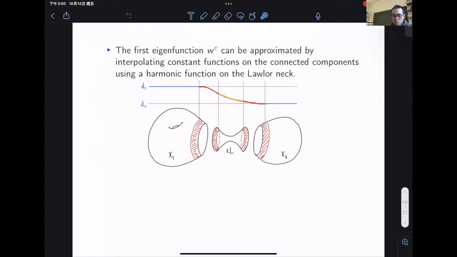So if we put constant function d1 on X1 and constant function d2 on X2, then there exists a harmonic function on the Lawlor neck, which is asymptotic to d1 on one end and d2 on the other end. We can define a function in this way, and we can show that this kind of function approximates the first eigenfunction of the Laplace operator.